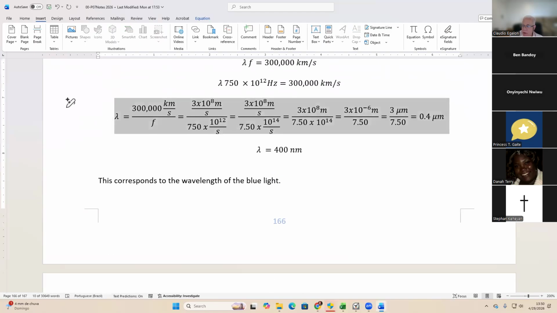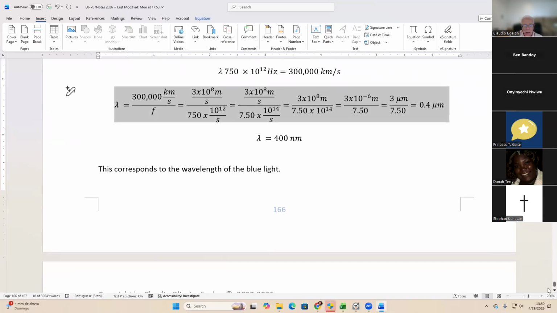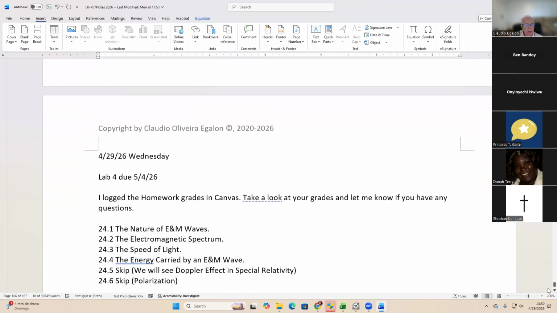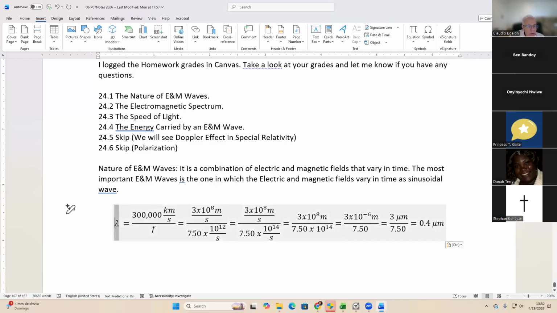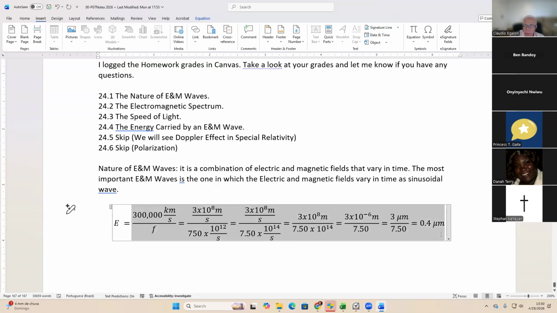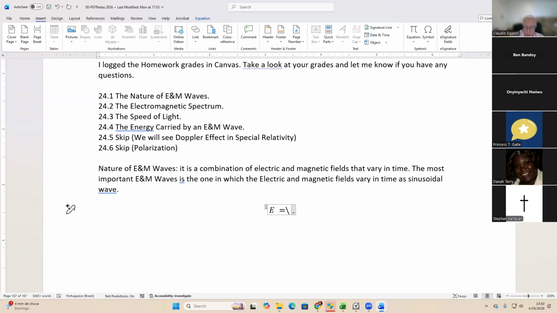Because it's a wave, it follows the same type of equation that you saw before in waves. Here you have the amplitude of the wave, and it can be either a sine or a cosine.